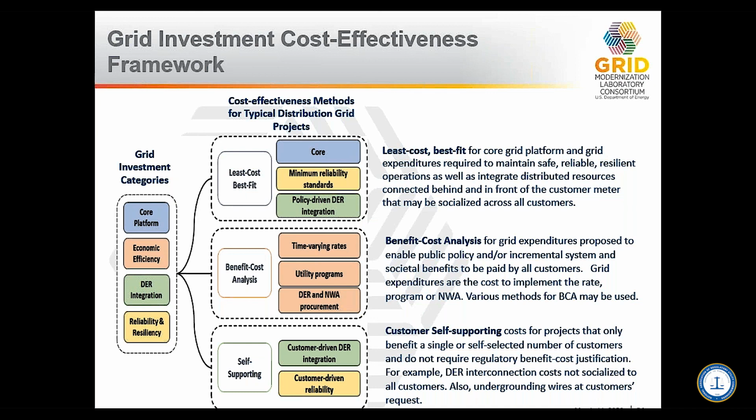So it's in that context we think about cost-benefit. And then customer self-supporting is where customers may specifically themselves on an individual basis have requested something, and therefore it only benefits them, and therefore they're paying for it, as opposed to all customers paying for one customer specific need. And there are examples of that already in practice in most jurisdictions I'm aware of.